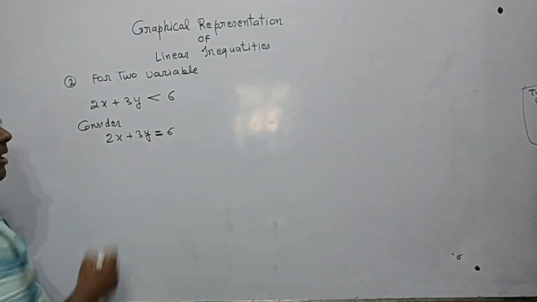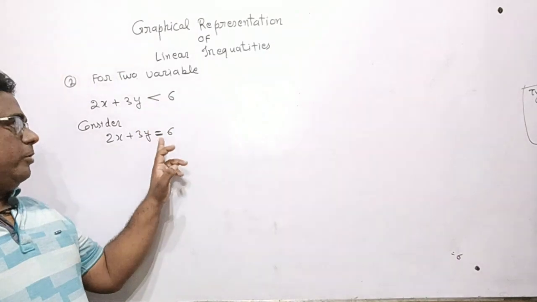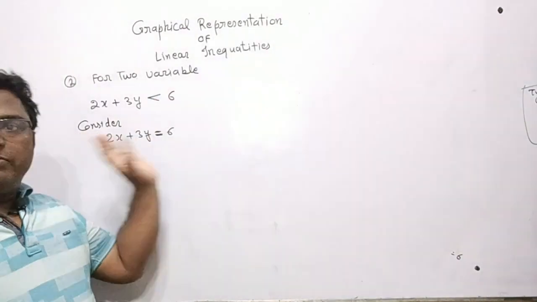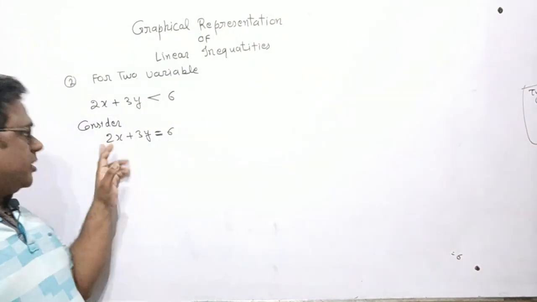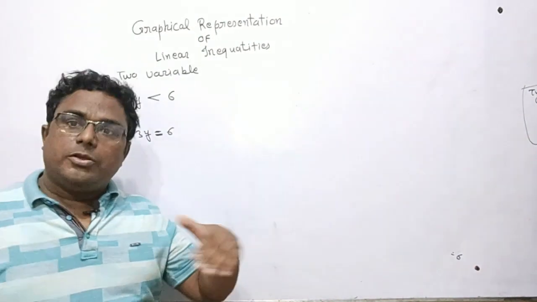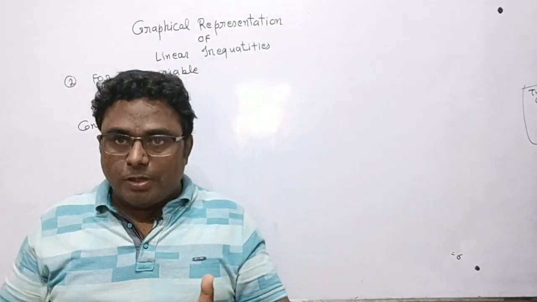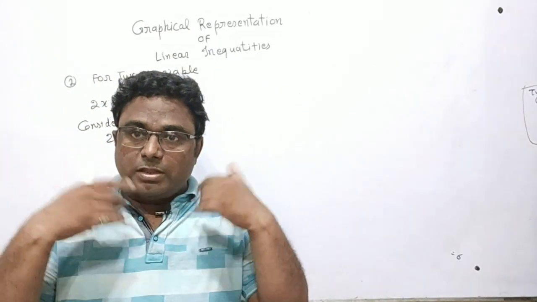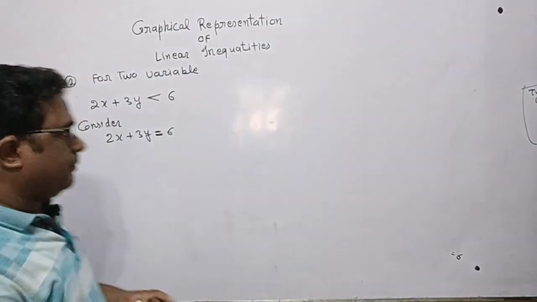You have to make an equation by changing the inequality sign into an equal sign. Whatever sign is given here, don't worry, you just take the equal sign only.